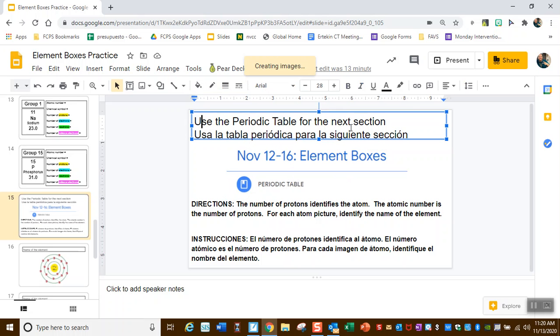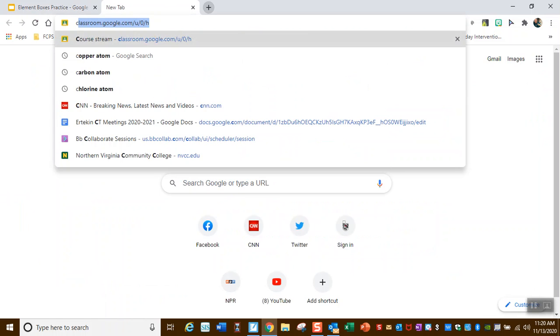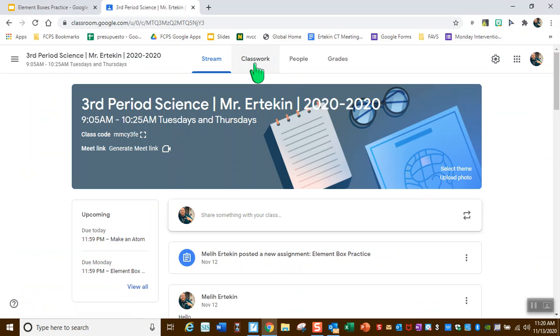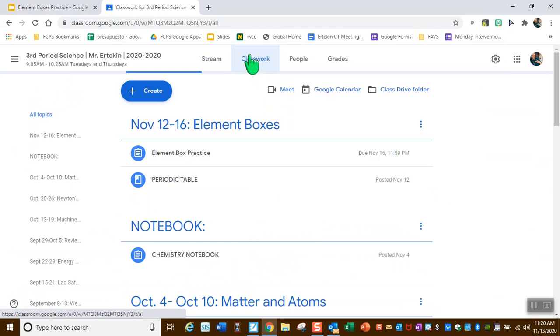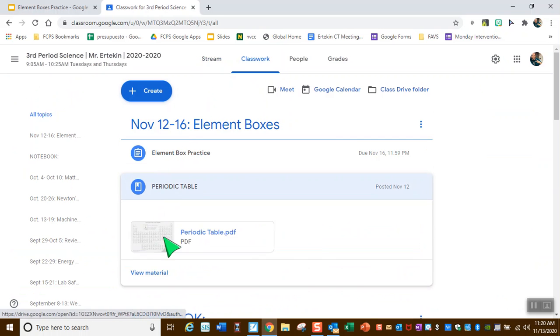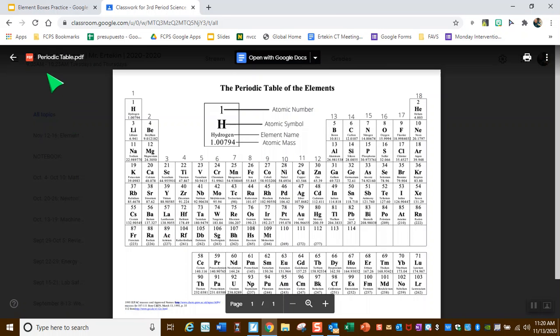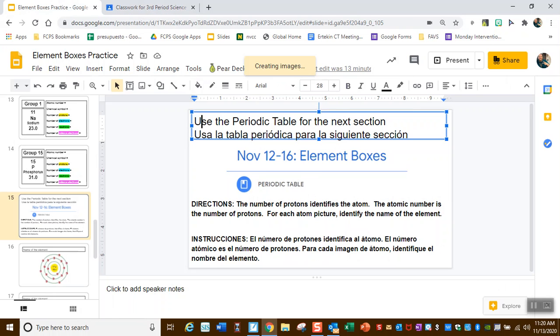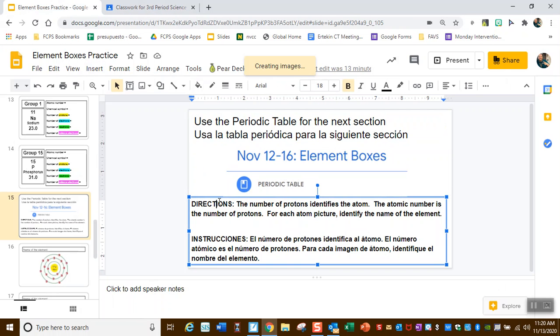Use the periodic table for the next section. So go to Google Classroom, click on your period, go to classwork, and here it says periodic table. Open this, abra esto. You guys are going to use this periodic table. Read the directions.